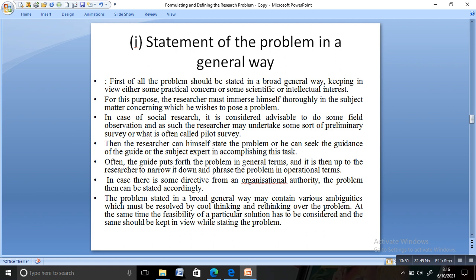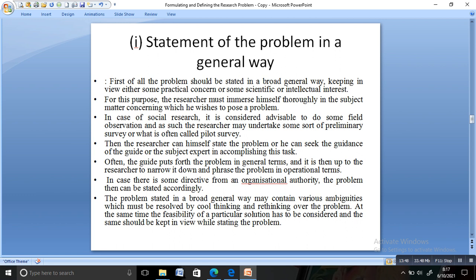You are stating your problem based on practical concern and intellectual interest. You should be immersed in the problem, and you should have some observations on that area.